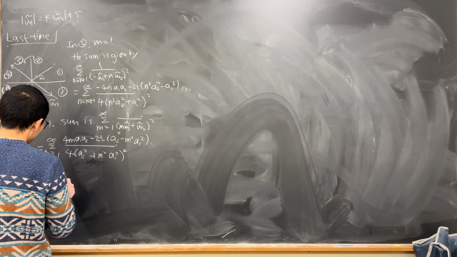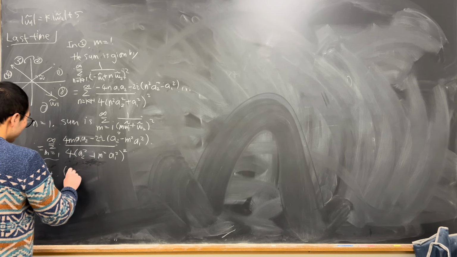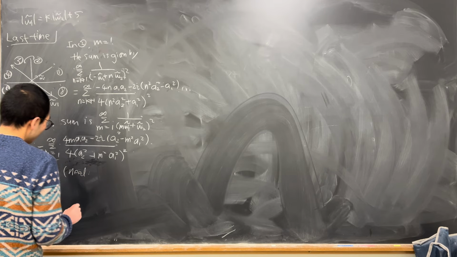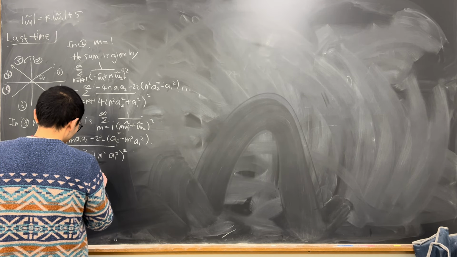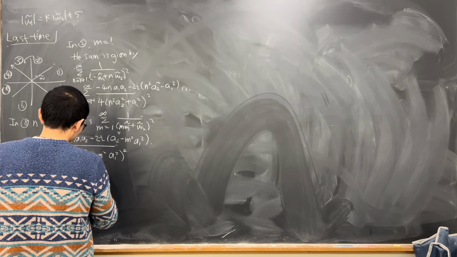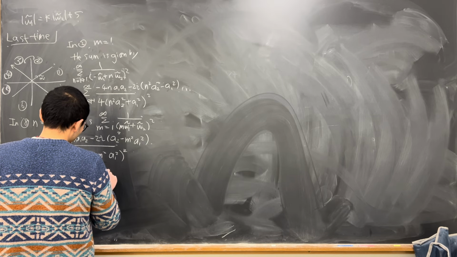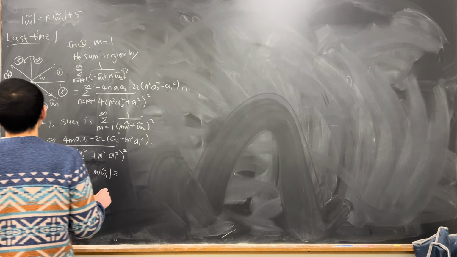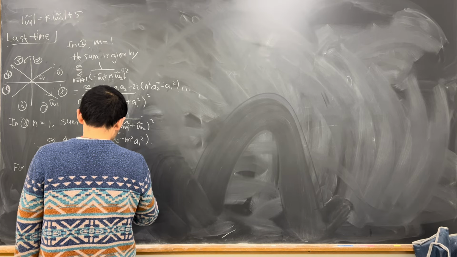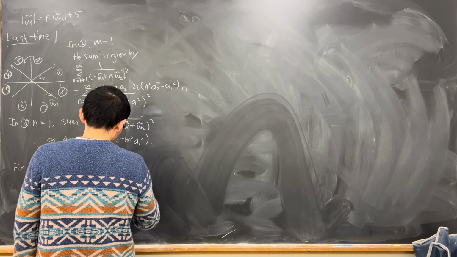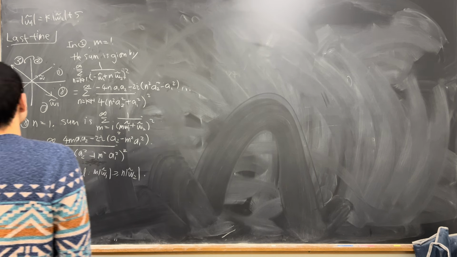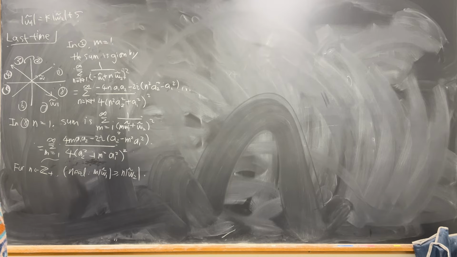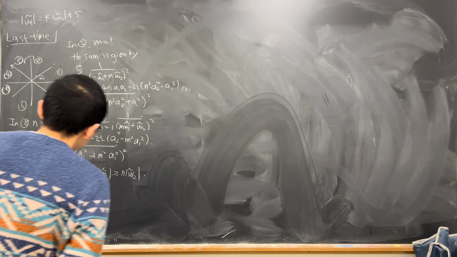Sorry, m times, okay, so what I need is that this m times modulus of omega 1 must be bigger than or equal to n times omega 2, right?